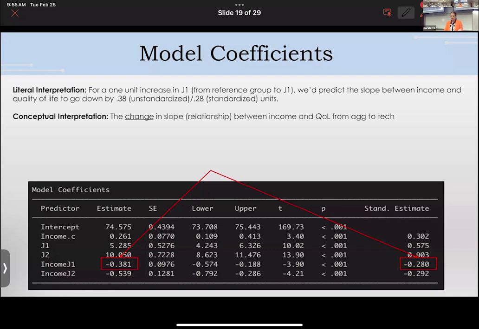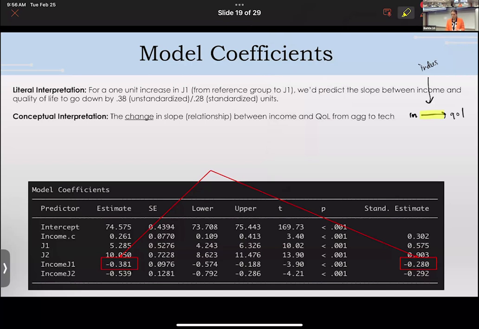So this is the change in slope between income and quality of life as we move from ag to tech, right? So we've got income, quality of life, and we're seeing how much is happening. How much is that original slope here in yellow changing when we move from the reference group to J1, which is tech? Well, we have to know where we're starting, right?